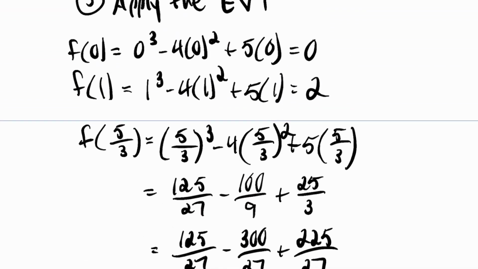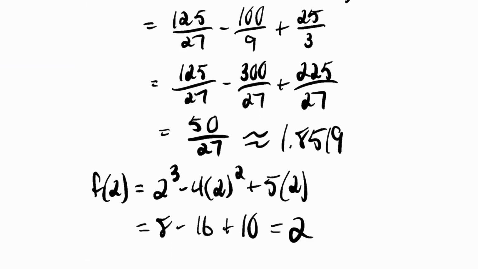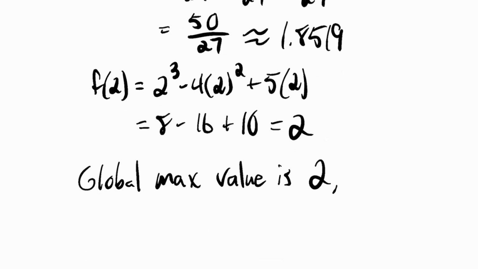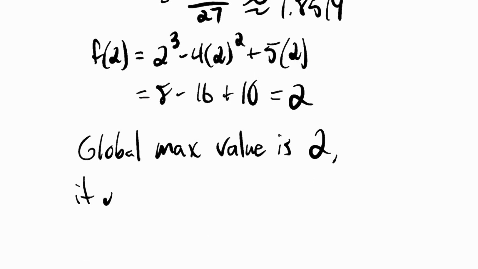So I have 2 x coordinates tied for having the greatest output. So our global max value is 2. And it occurs in 2 places, at x equals 1 and x equals 2. Okay, so we get 2 places that occurs.